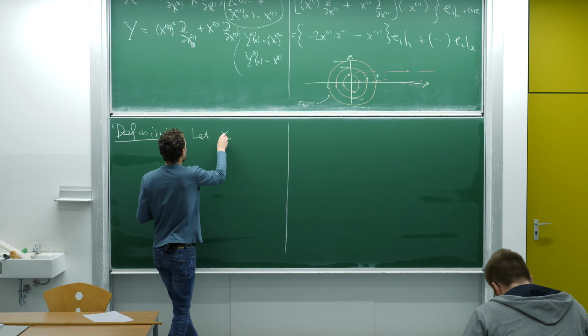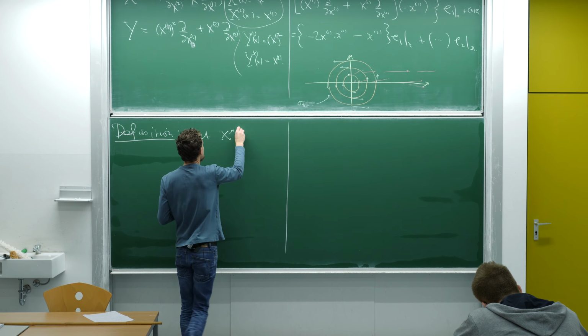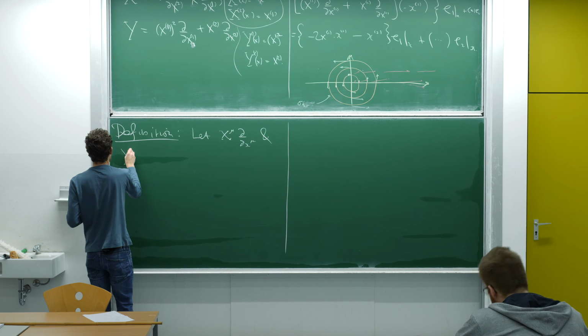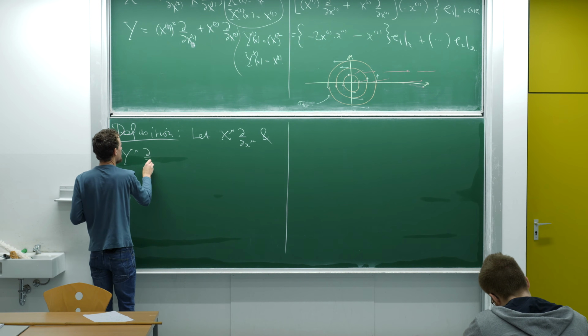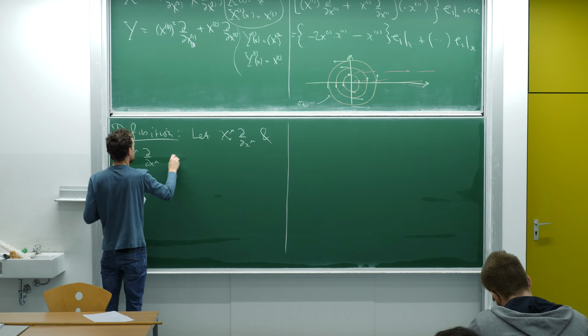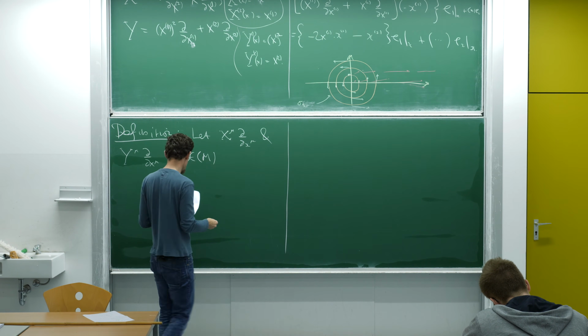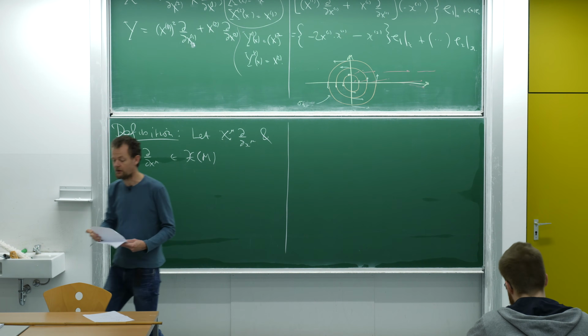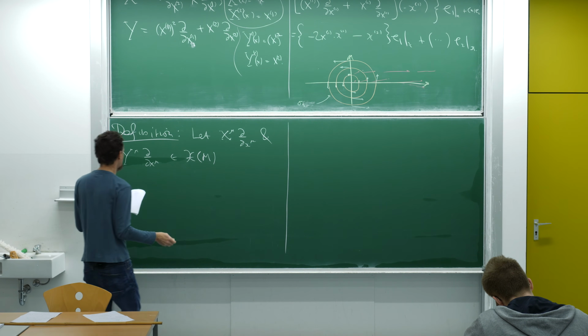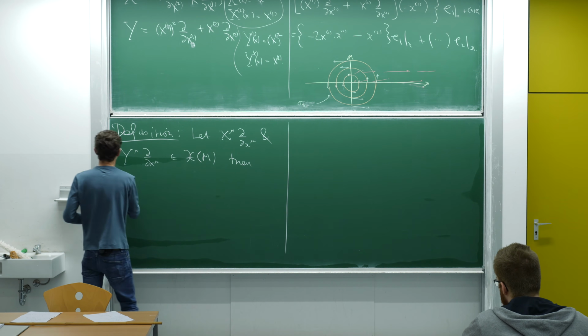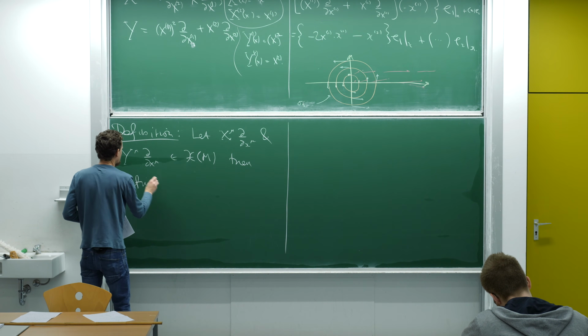So if we have in coordinates now two vector fields, x and y on our manifold M, then we're going to define some notation that's very useful for us, namely something called the Lie bracket.